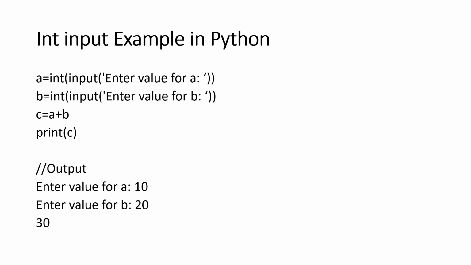And this is the example to add two integer values, and we are using the int method to add the values. In this output you can see that a is equal to 10, b is equal to 20, and because the int method is used, it is adding the values, and the output is 30.